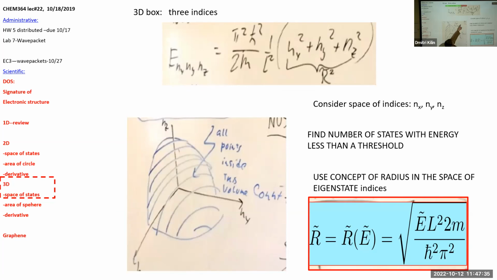If one does the same tricks, finding the radius as a function of energy. So here is n_x, n_y, and n_z, and n_x squared plus n_y squared plus n_z squared will be r squared.